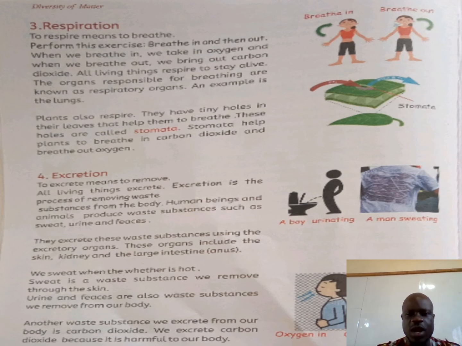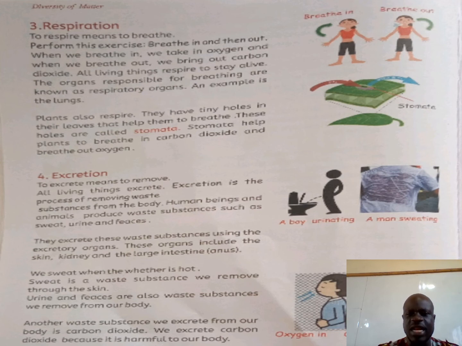And the fourth one is excretion. To excrete means to remove toxins from the human system. All living things excrete. Excretion is the process of removing waste substances from the body.